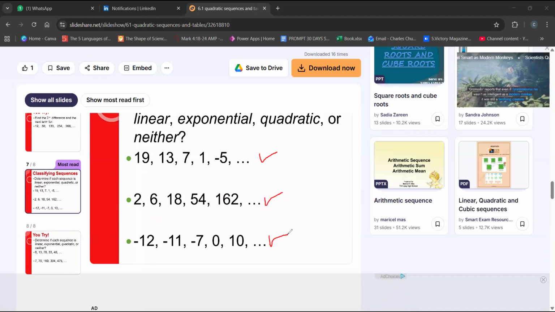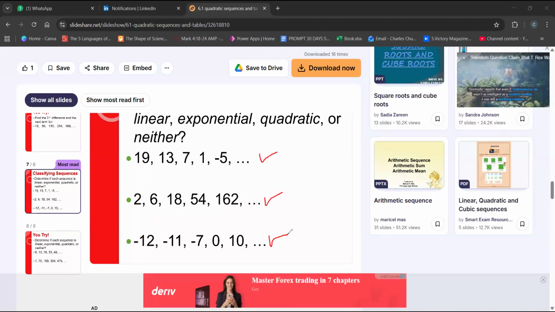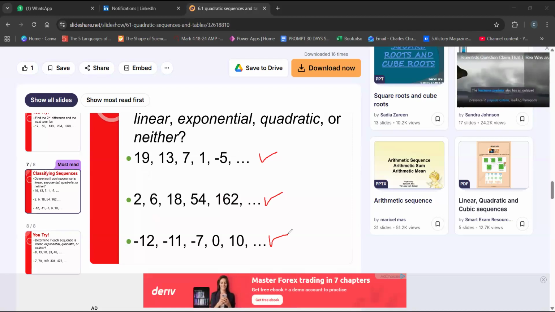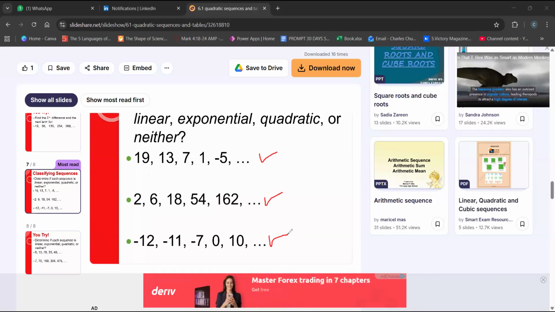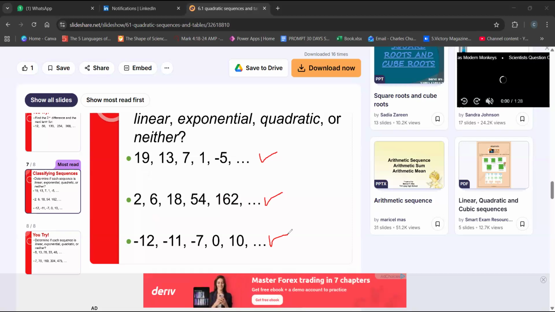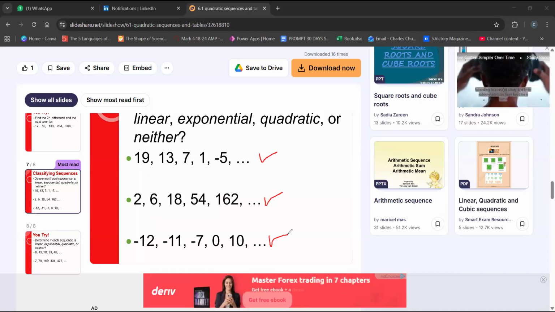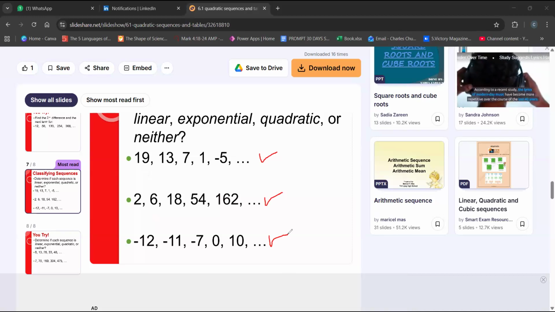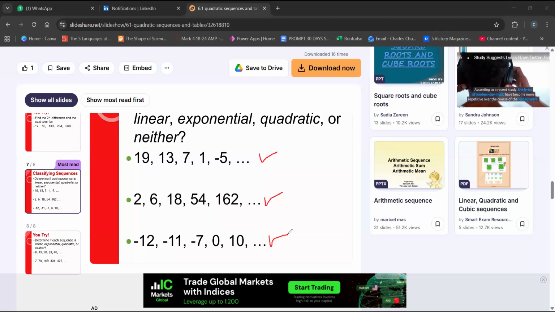Another name for linear is arithmetic, so let's get that straight from the start. Another name for exponential is geometric. And of course, there's the quadratic. So which of them do you think is linear or arithmetic in this case?